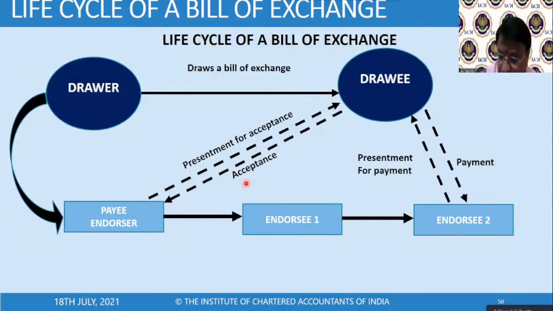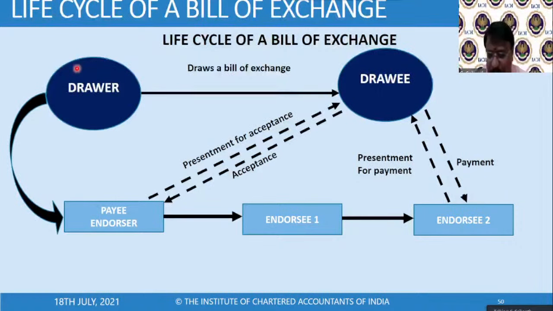Got it? So drawer is a surety. See, basically drawer is a surety because the bill of exchange is drawn and accepted. Suppose the drawee does not pay, then the drawer will have to pay. Is that the question you are asking? Yeah. I will change your question. If drawer is surety means if drawee fails to pay, then drawer will pay. That is correct. Okay.